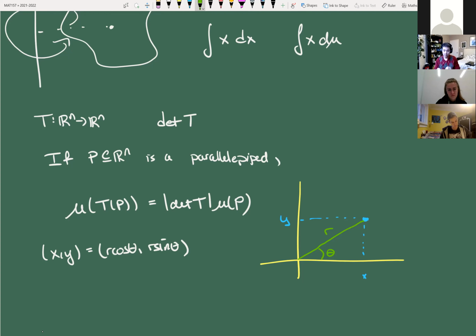Now, the problem is that this is not a rectilinear change of variables. Effectively, if you change a basis, so if you're looking at points in R2, so again, here's my point in R2 now, and let's say I have a basis. One basis is the standard basis. And if you write x, y in this coordinate basis, you get some representation.